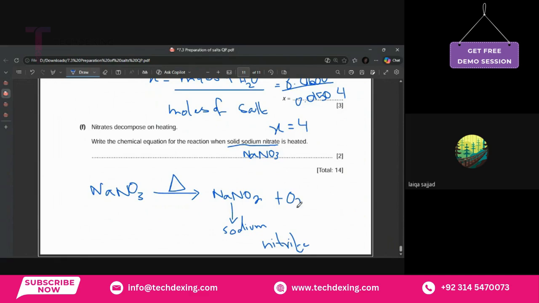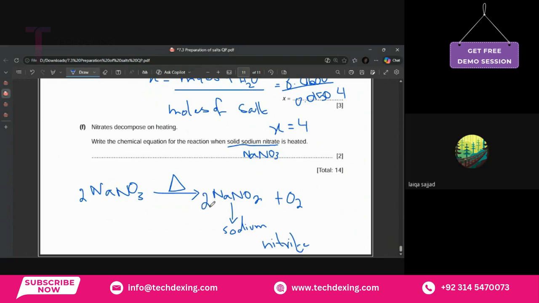Is it a balanced equation? No, not really. There will be two sodium nitrate and two sodium nitrite.